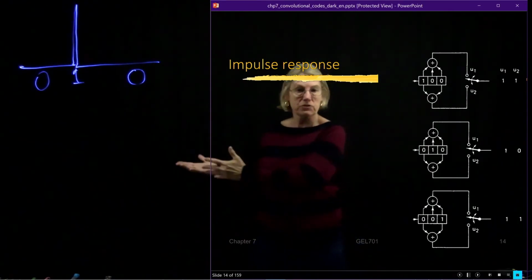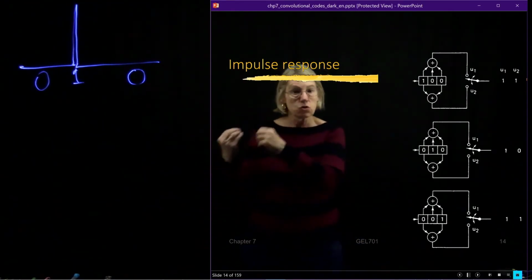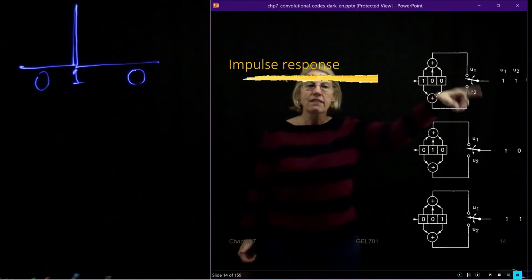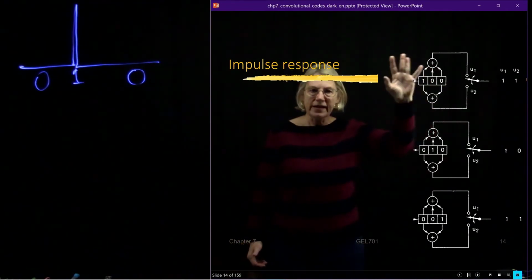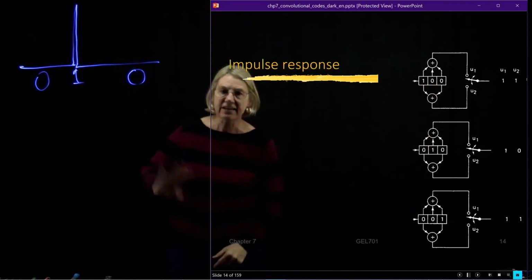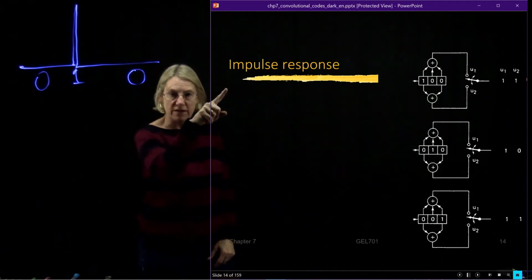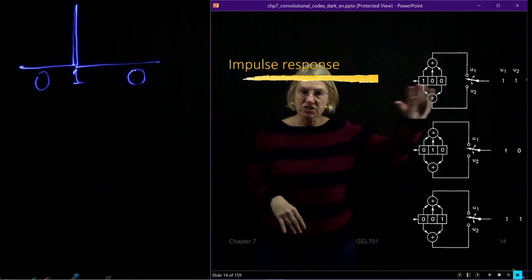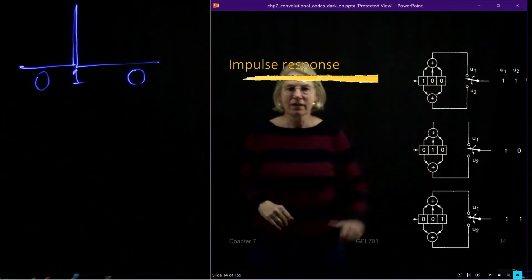That's why a vector representation tells you what the code is. If I change these interconnections, if I make more of them, then I will change what the code is. But right now, with these interconnections, I can find the impulse response of this encoder, and to find it, I just shift a 1 into the encoder.